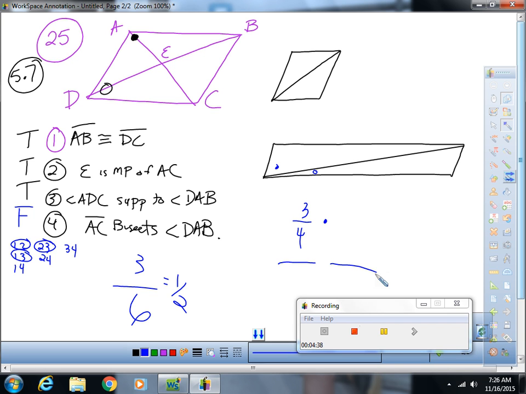So now, what's your probability that you select a true one on your second one? That's right. You need both of these things to happen, so we multiply. So what does that give you on the top and the denominator? 6 on the bottom, and that gives you the same answer. So that'd be another way you could do it.